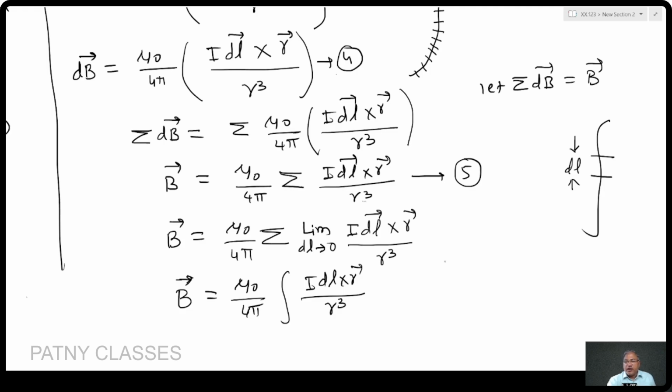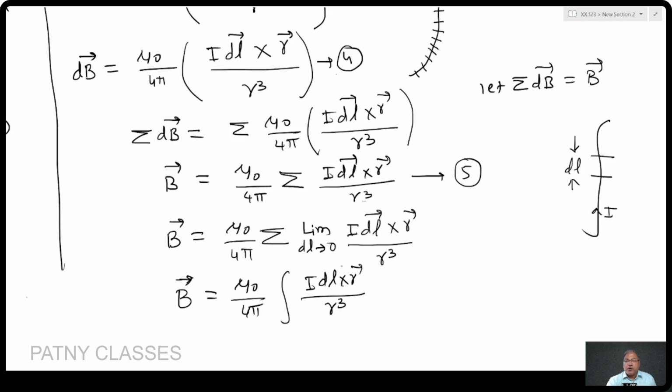This way we can find the resultant magnetic induction at a point due to the entire given conductor when the current I is flowing through the conductor. And this is nothing but Biot Savart law. All these different expressions stand for Biot Savart law.